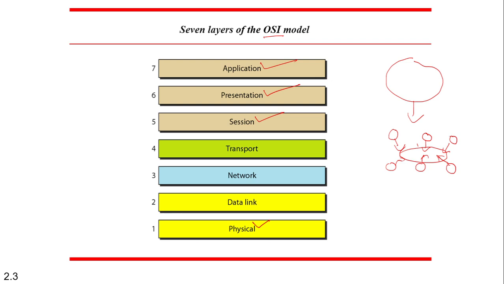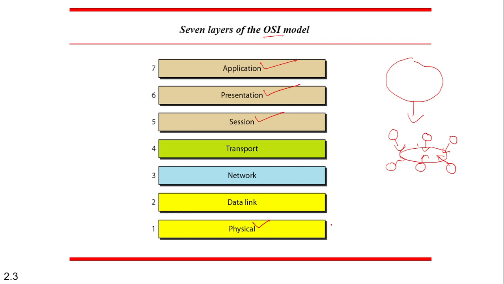So in the physical layer, what happens? It is just the different physical components, like how the nodes are present in different topologies, or how the wires and cables are connected in a network. All these physical devices exist in the physical layer.